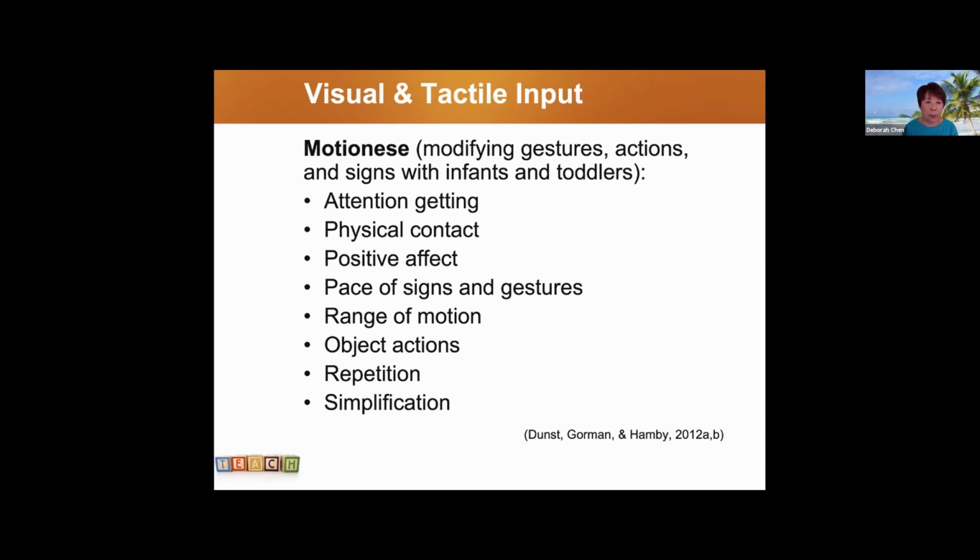The example would be showing a child how to drink from a cup, or taking a little toy bunny and having it hop. Repetition of the gestures, and then also simplification of gestures and signs. So think about these characteristics as we interact with young children with CVI.